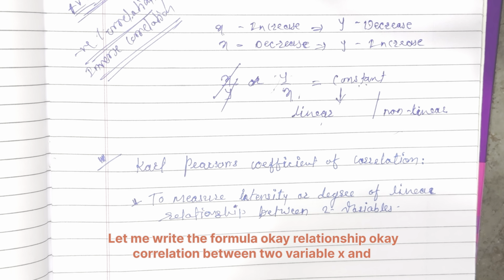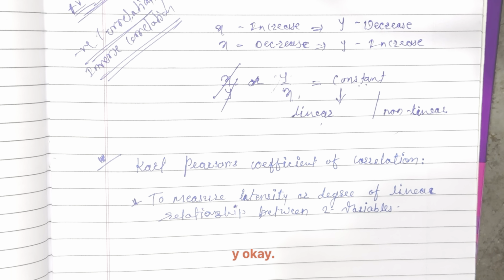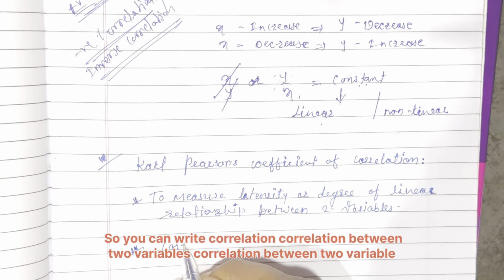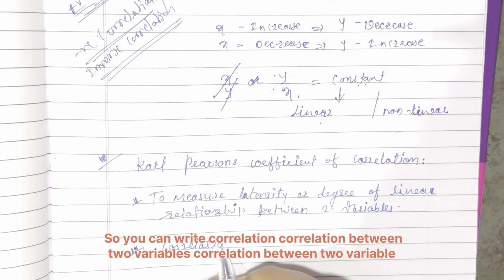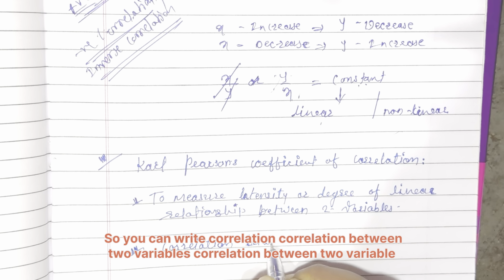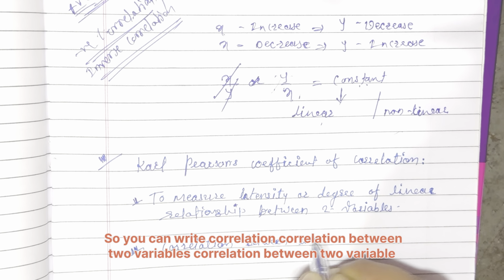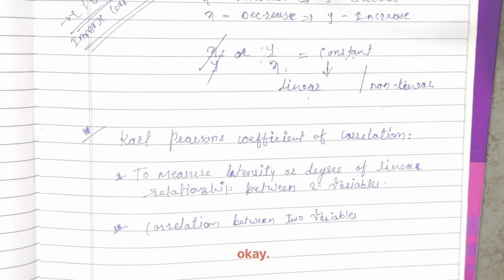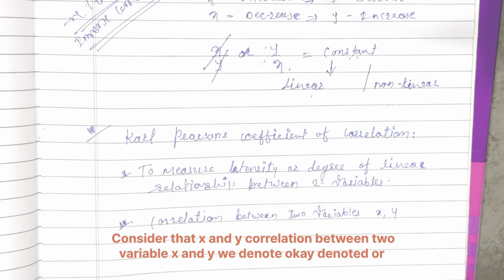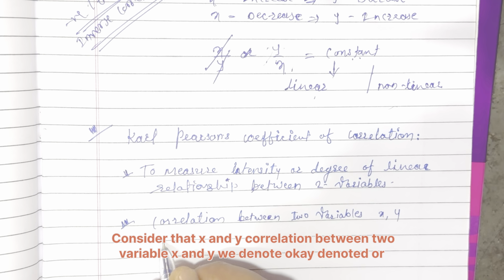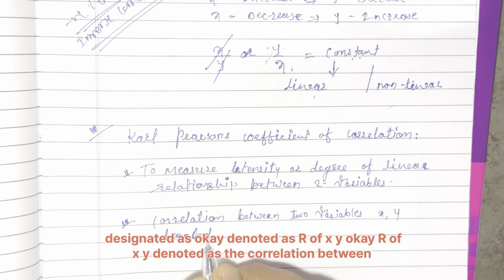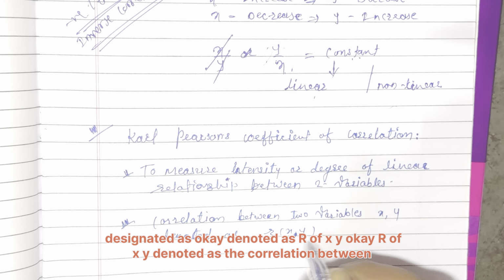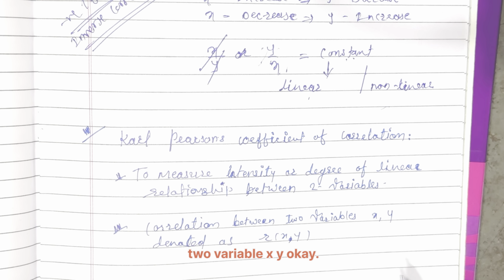The correlation between two variables x and y is denoted as r of xy.